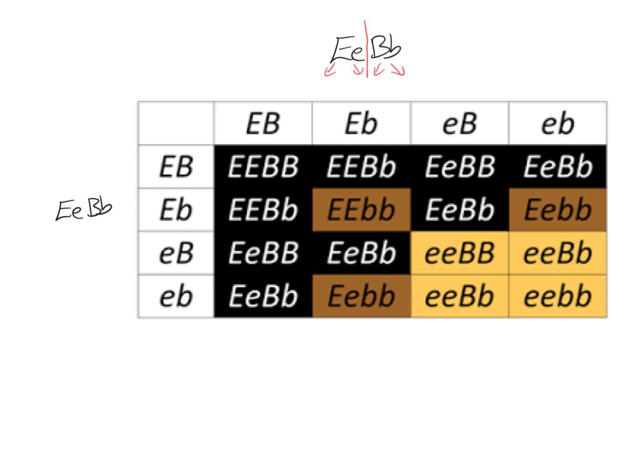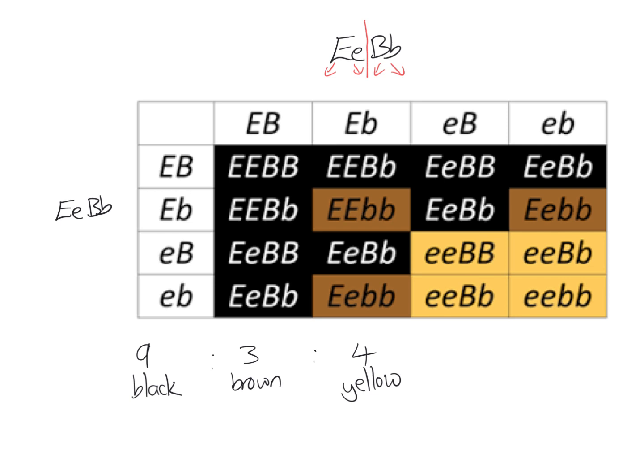If you've got this correct, what you should find is that you have a ratio of 9 black to 3 brown to 4 yellow retrievers.